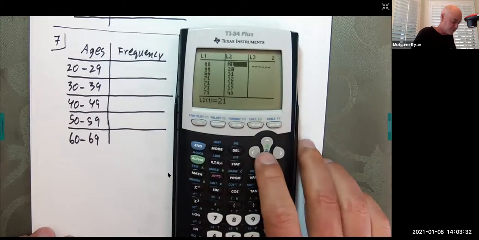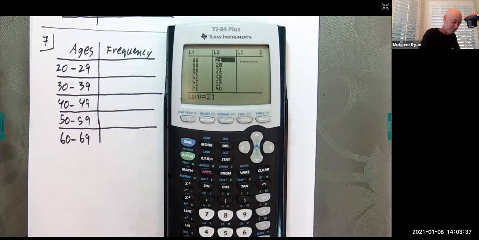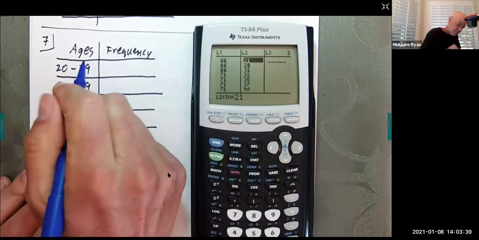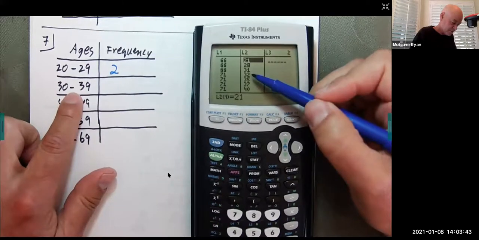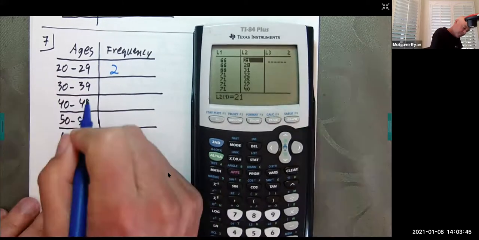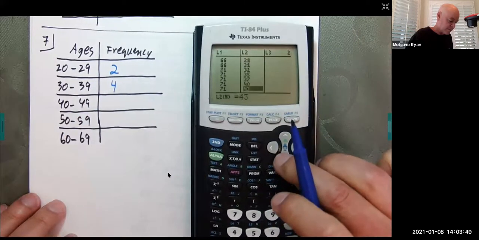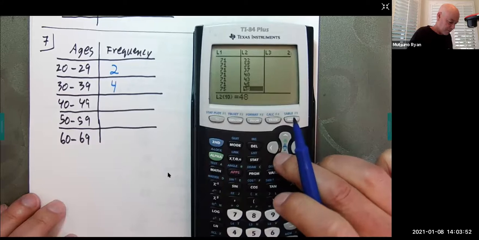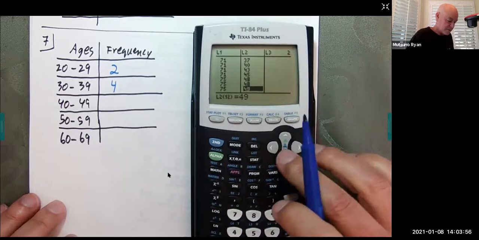So in their 20s, it looks like we have 2. In their 30s, it looks like we have 1, 2, 3, 4. And in the 40s, looks like we have 1, 2, 3, 4, 5, 6. 6.